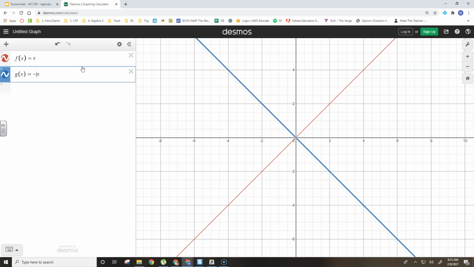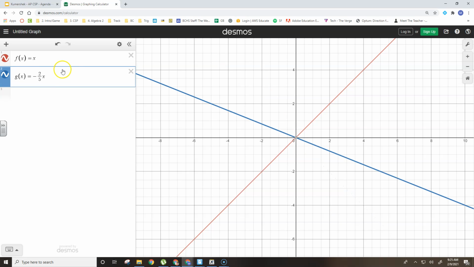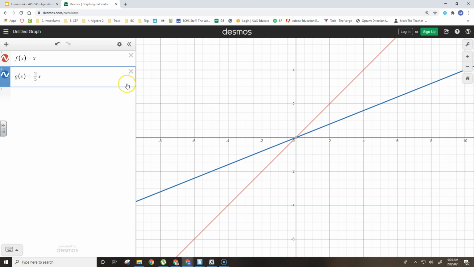Now, if we make our a value 2/5, right? So there's 2/5. We could think of this as being a compression. And now I'm going to take the negative out of it, right? So we can think of this as a vertical compression. So it's up here, but then if we compress it vertically, it gets closer to the x-axis, and we kind of squash it down closer to the x-axis because its a value is 2/5, right? So that's how it looks.